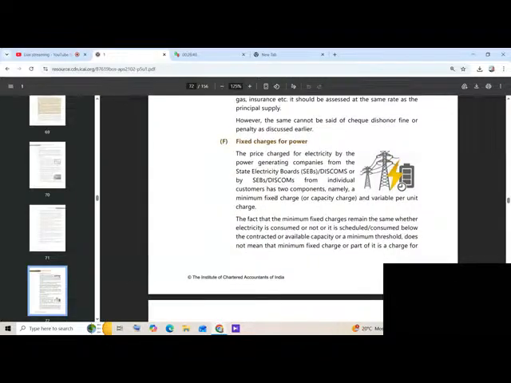Fixed charges for power. The price charged for electricity by the power generating companies from the state electricity boards, or by state electricity boards from individual customers, has two components, namely a minimum fixed charge and a variable per unit charge.